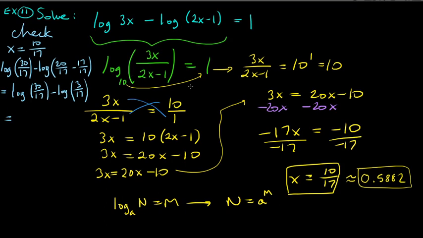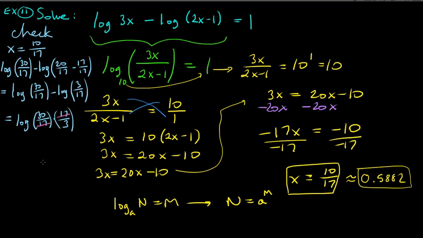And, well, you can use the quotient rule here. This is the log of 30 divided by 17 divided by 3 over 17. But when you divide fractions, you multiply by the reciprocal. The reciprocal of 3 over 17 is 17 over 3. Right? And fortunately, the 17s cancel.